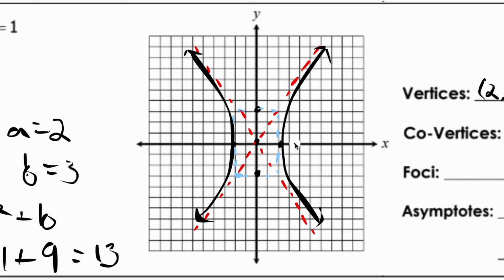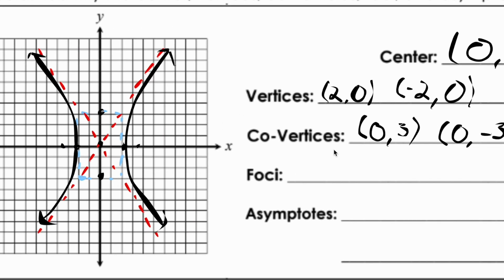So I'm just going to put a point maybe right here, and a point right here. And that's our foci. Our foci are going to be going in the x direction. So we're going to have √13, 0, and then negative √13, 0.